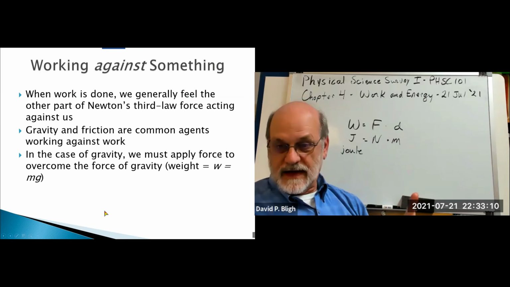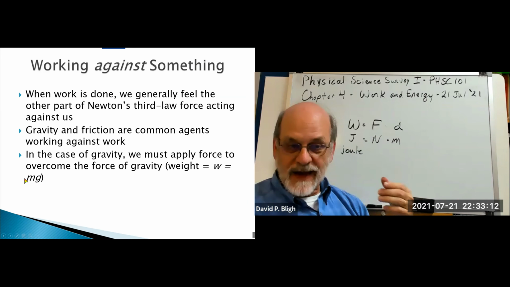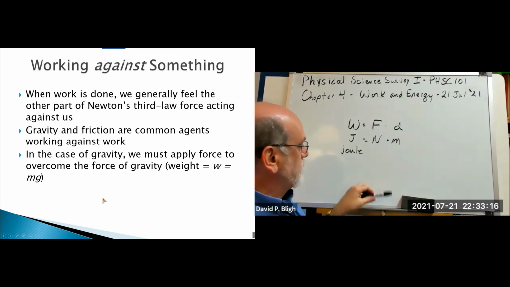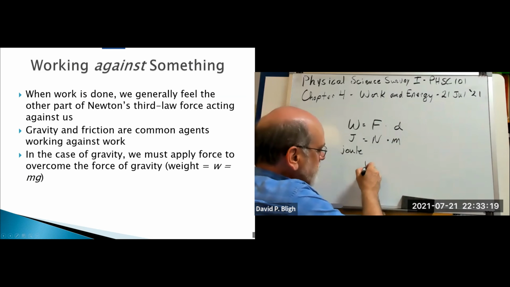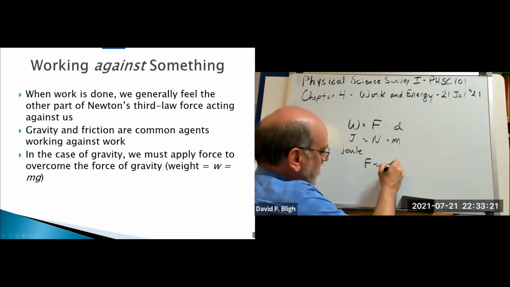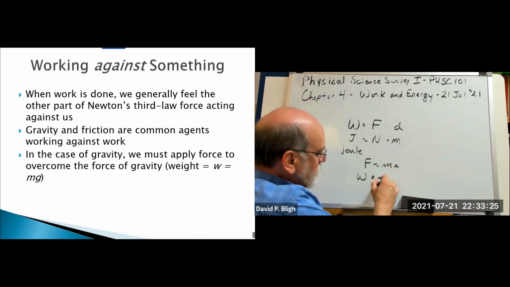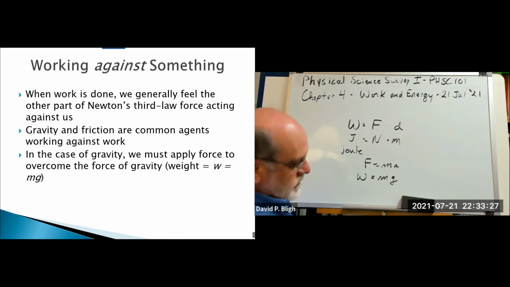Its weight then is equal to its mass times the acceleration of gravity. We know that because of Newton's second law. So in this case, the weight is equal to the mass times the acceleration of gravity.